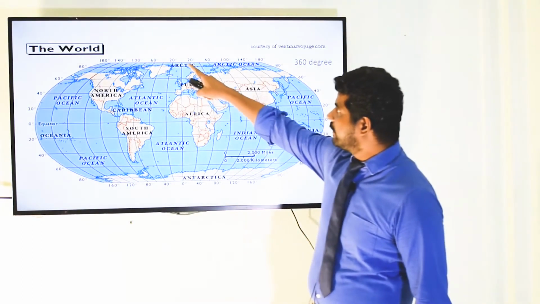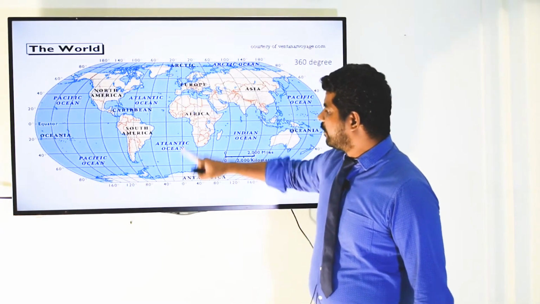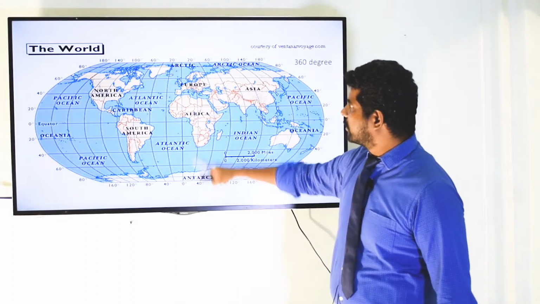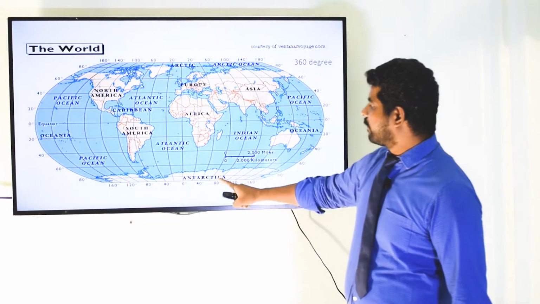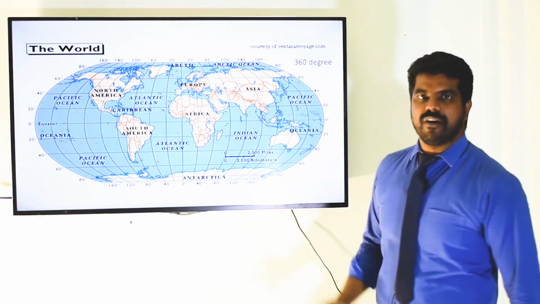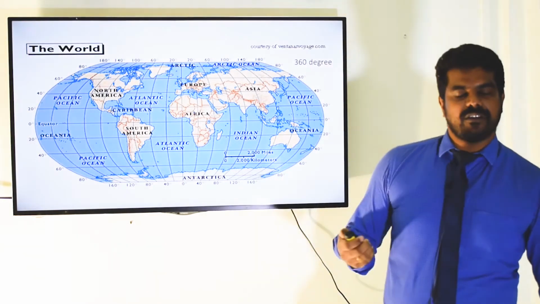So you can see here the 0 degree north to south, and you can see here 20 degree north to south, and you can see 60 degree from north to south. So these lines are known as longitude lines, right? What is the use of knowing this longitude line?